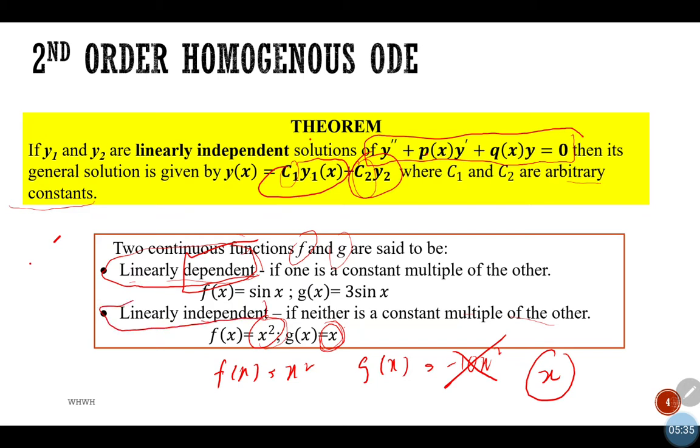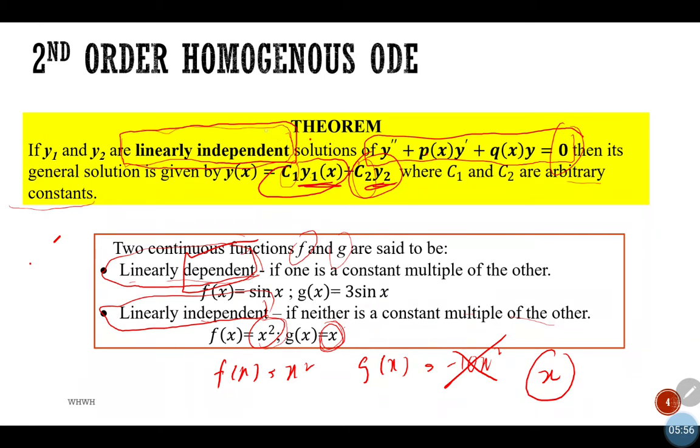For our solution, the two solutions we get for our general solution to this second order homogeneous differential equation must be linearly independent.